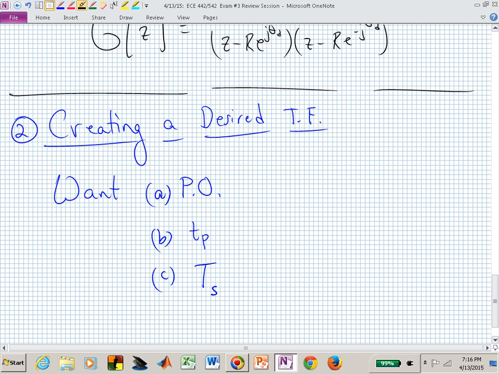All of these together are put there to try to find a Z sub delta.